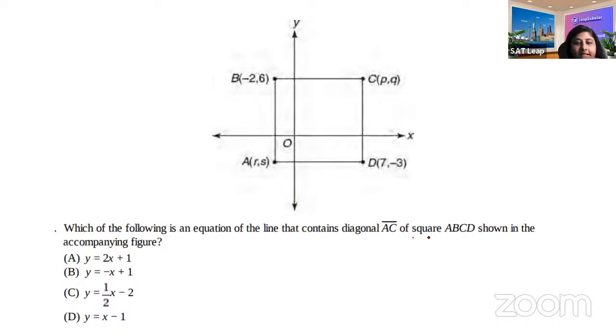They say ABCD is a square. So which of the following is going to be the equation of line AC, which is a diagonal of the square?